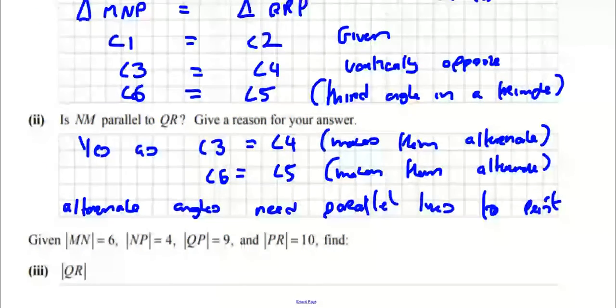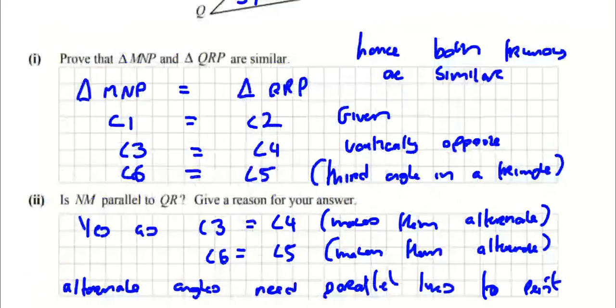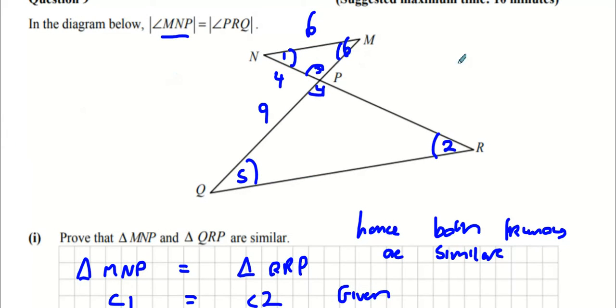And finally, P to R is 10. Now guys, what I always tell you about these ones is look at them as two separate triangles. So I'm going to draw a large triangle here and color code them for a second. So it's going to be 9, 10.